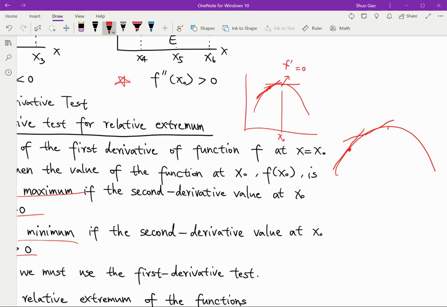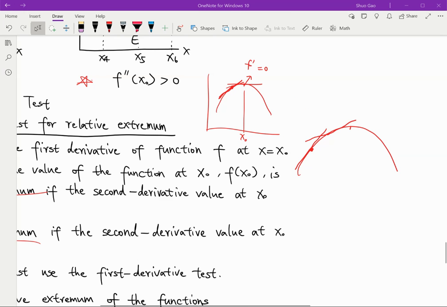So f prime is always positive, but the slope is becoming smaller and smaller. And when it reaches the point x0, the slope becomes 0, and then it changes sign to a negative number.